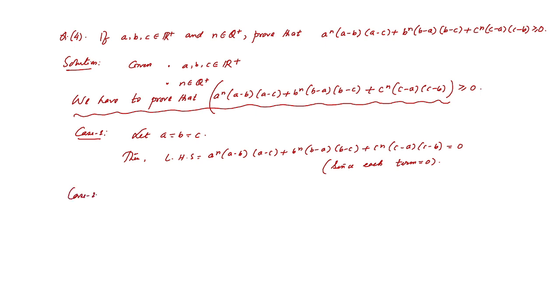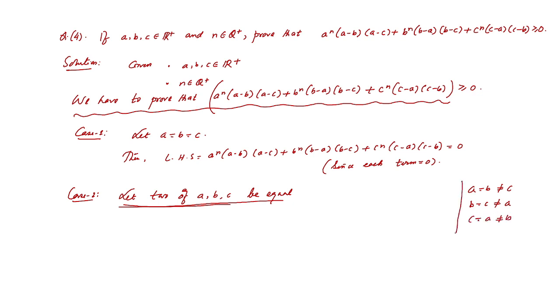Case 2: it may happen that two of a, b, c are equal. So in that case, we can consider different subcases. For example, we can consider a equals b and that is not equal to c, or b equals c not equal to a, or c equals a not equal to b. So these are the three subcases under case 2.